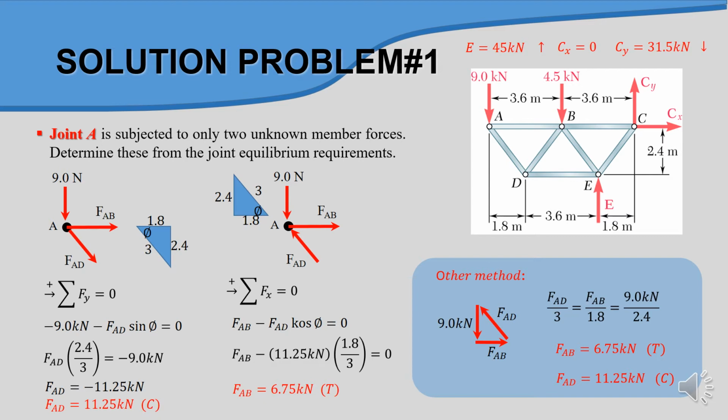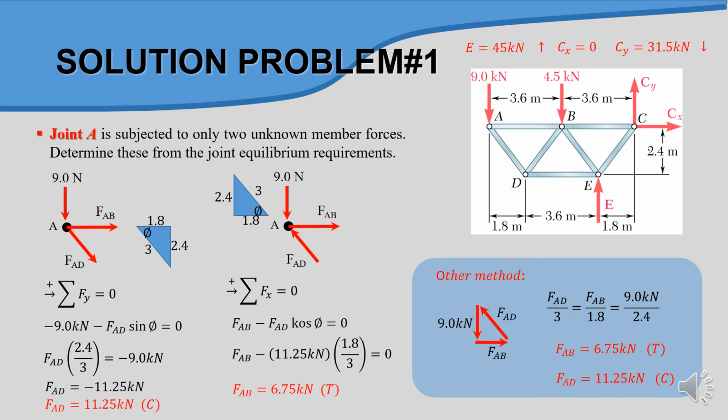You can compare this to the triangle you use to get the value of sin theta and cos theta. So by comparing, FAD divided by 3 is equal to FAB divided by 1.8, and then equal to 9 kilonewton divided by 2.4. From there, you can get the value of FAB and FAD.